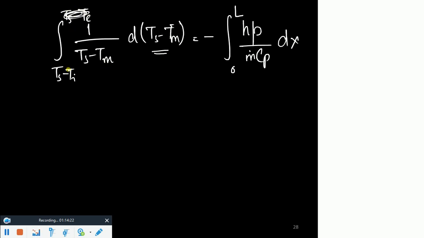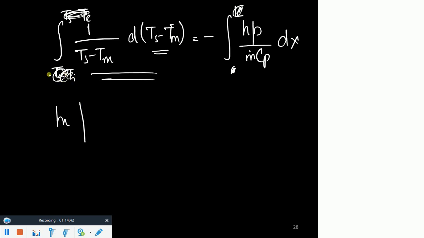But if we just consider the generalized values, how does it look? Isn't it 1 over x into dx? What is that 1 over x? Can you write it down as the natural log of Ts minus Tm?